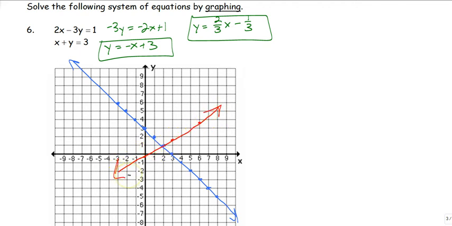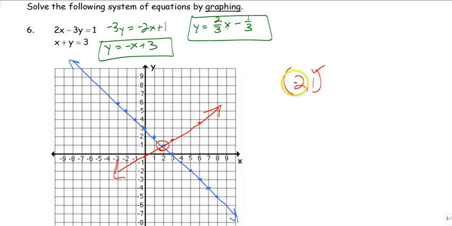So when I graph this, you should clearly see this intersection point. And what it looks like is it's at 2, 1. So that should be my solution set. Well, here's an easy way to figure it out. If you put 2, 1 in, like up here, if you put a 2 in for x, 2 times 2 is 4. So 4/3 minus 1/3 is 3/3, which is 1.